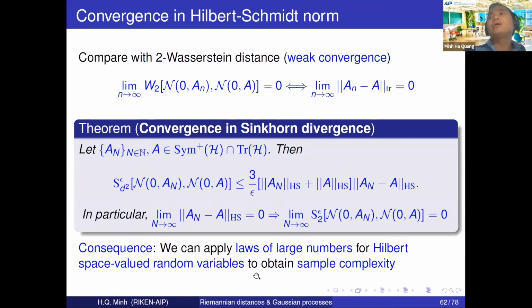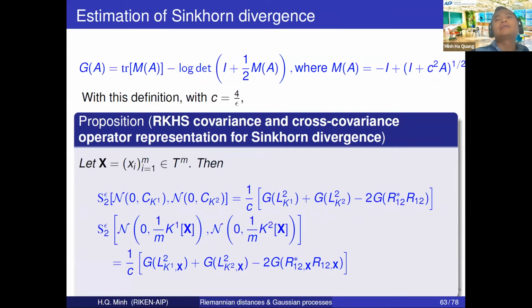So with the Hilbert-Schmidt norm, we can apply laws of large numbers for Hilbert space valued random variables to obtain sample complexity. Here we transform the Sinkhorn divergence between operators in L2 and in R^m into RKHS operators, mapping from HK1 to HK1, HK2 to HK2, and HK1 to HK2, and the same thing here.